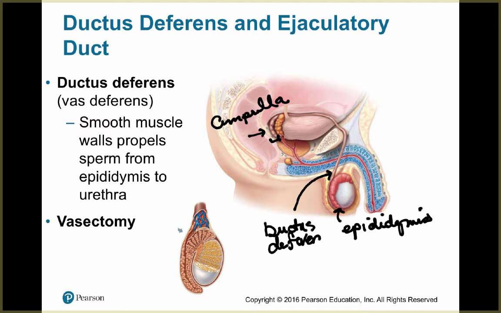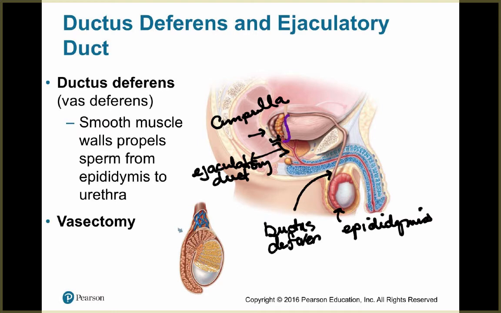Now, from there, you're going to see it go into this area right here, which is known as the ejaculatory duct. Now, if you notice, we get a different color here.